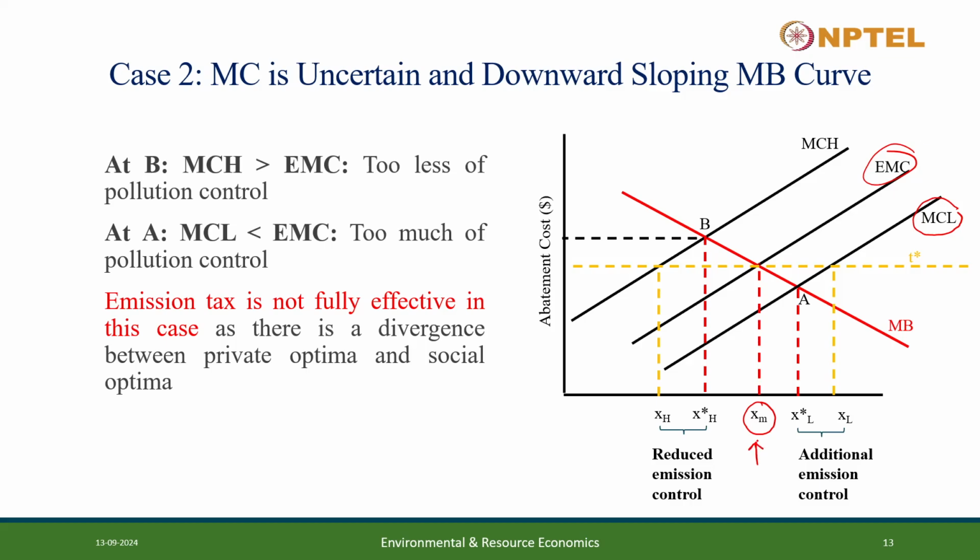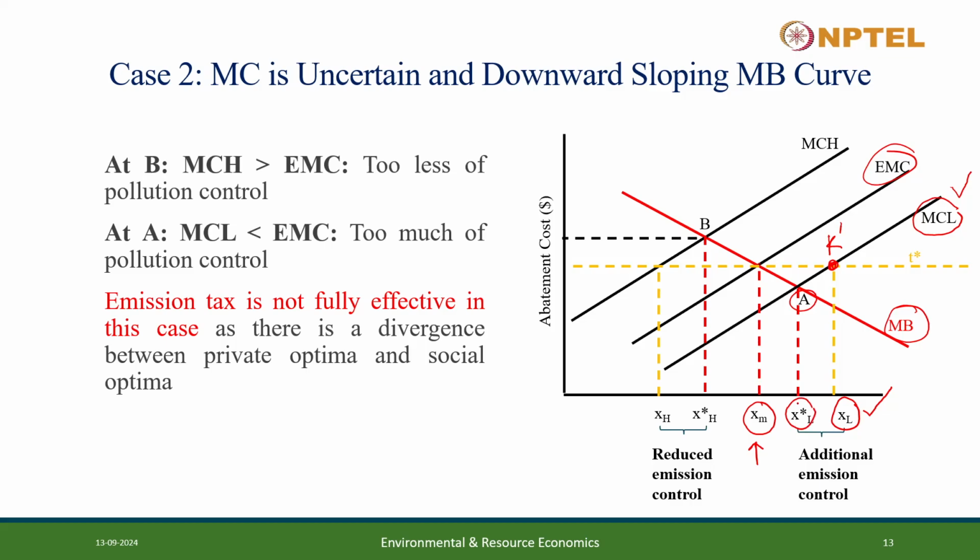So the firm will abate till XL, because it will abate till the point K dash. So the value of optimum abatement level is XL. However, effective value will be calculated by intersection of marginal benefit and actual marginal cost.